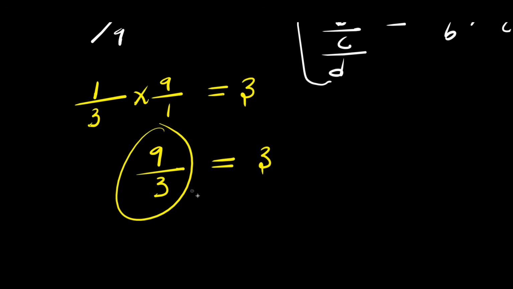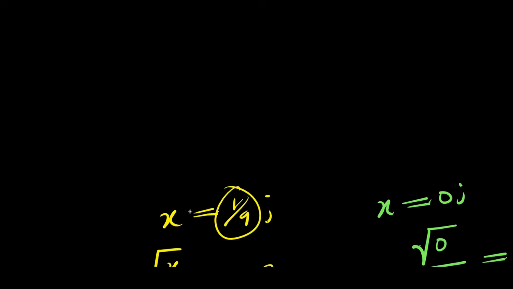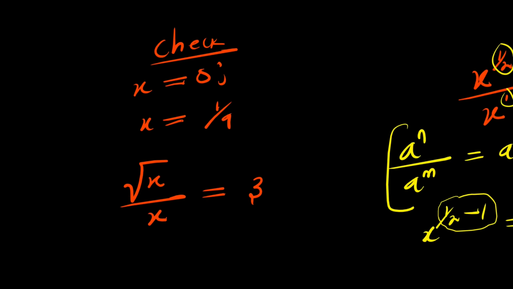And 9 divided by 3 is 3, and this equals 3. So this particular value for x has satisfied the equation, which is 1 over 9. So this has satisfied the equation.